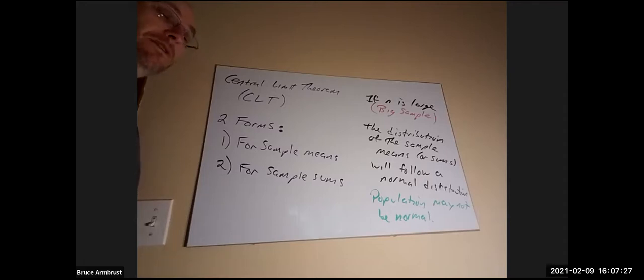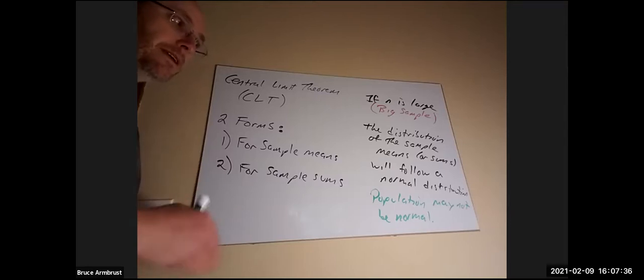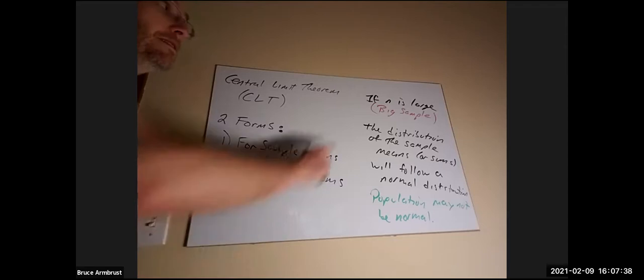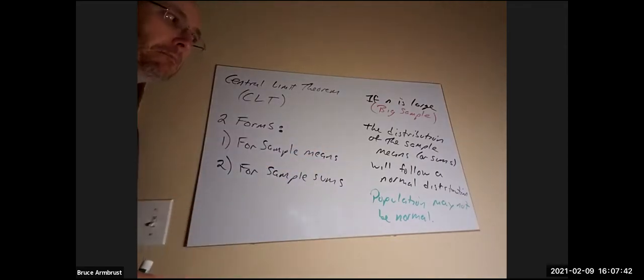So it's kind of a big deal that regardless of what your population is, how it works, if you look at samples, and you sample a large enough size, we'll talk a little bit about large enough in a minute, it's going to start following a normal distribution.